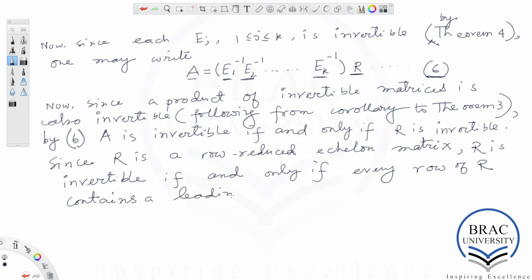In other words, you want all the rows of R to be non-zero rows. There cannot be any zero row for R to be invertible, because R is a row-reduced echelon matrix, right?